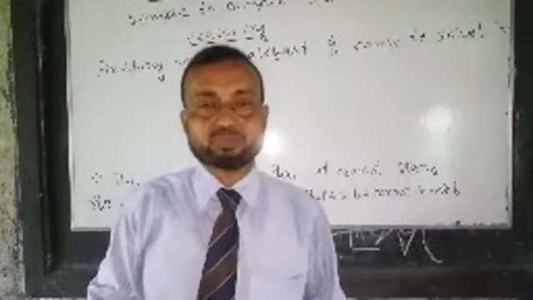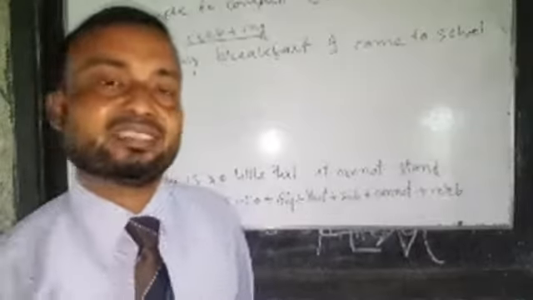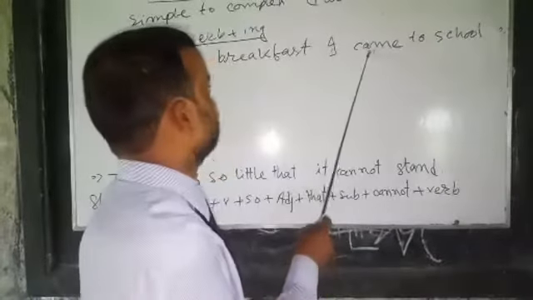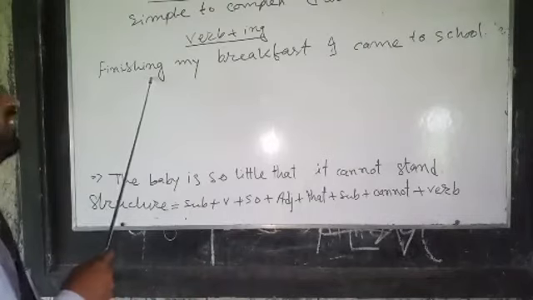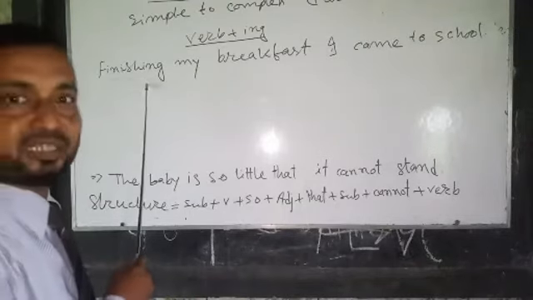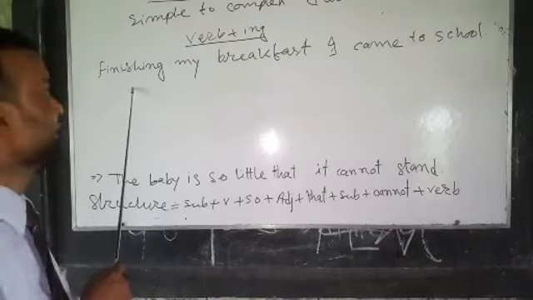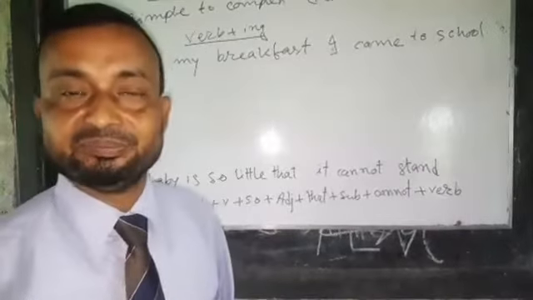This is a simple sentence because here is only one finite verb, "came". This is the verb "finish", but here adding ing, so it is not a finite verb, this is a non-finite verb, here used as a gerund.